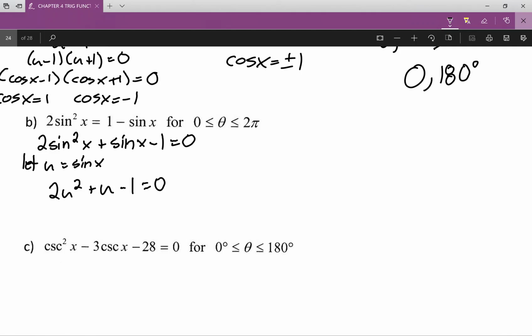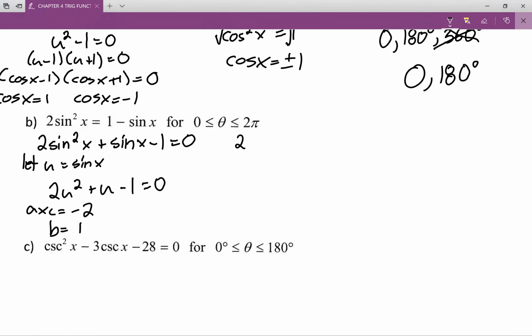So now we need to factor this. I'm going to factor this by using decomposition or breaking up the middle term. I get a times c, which is 2 times negative 1 equals negative 2, and my b equals 1. So I need two values that multiply out to negative 2 and add up to positive 1. That's going to give me positive 2 and negative 1.